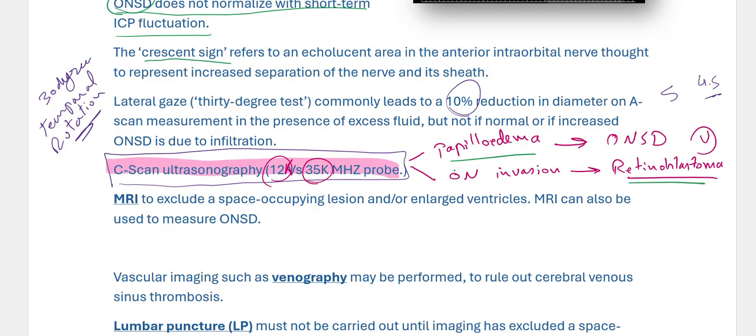In fact, for papilledema, both can do the job. Although the 12,000 is slightly preferred for papilledema because it has better penetration. While 35K is best in retinoblastoma.